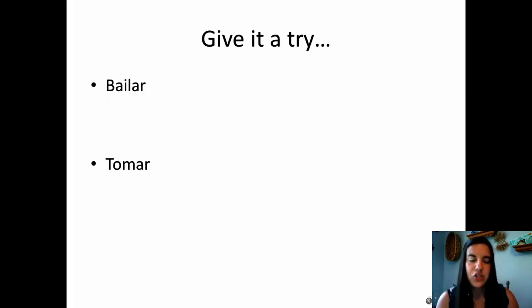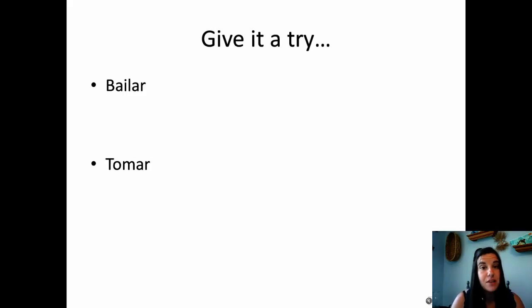So why don't you give it a try? Grab a piece of paper or something close to you, and try to conjugate the verb bailar for all of the people who could do it. Yo, tú, él, ella, usted, nosotros, vosotros, ellas, ellos, ustedes. Do the same thing with tomar.